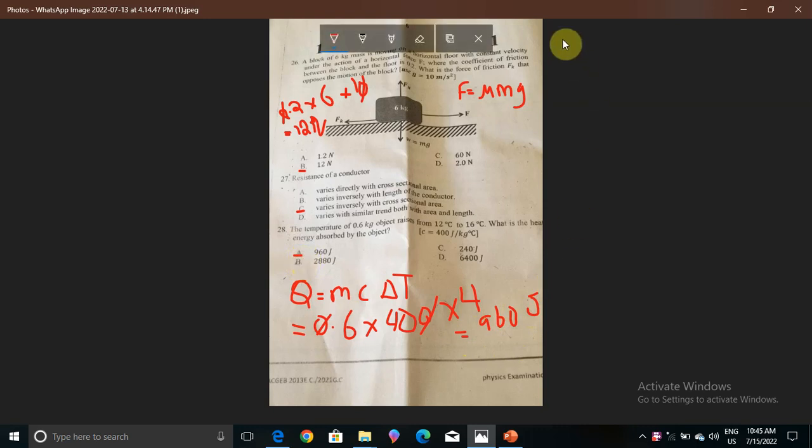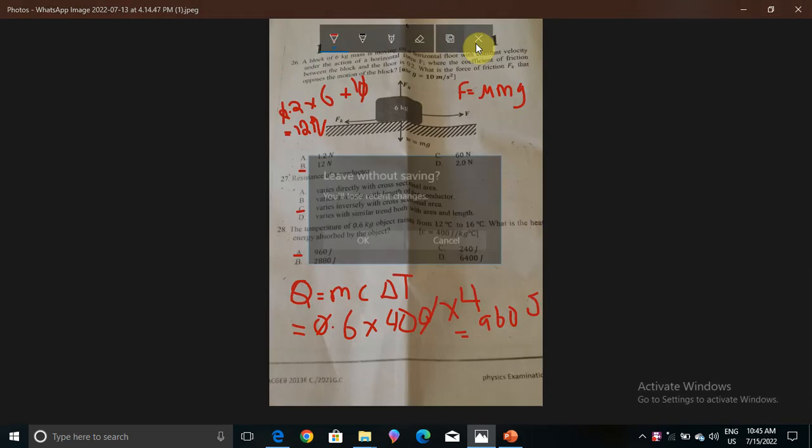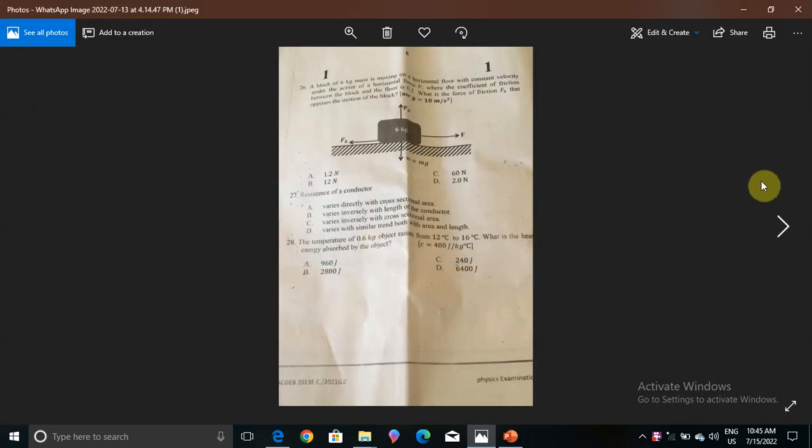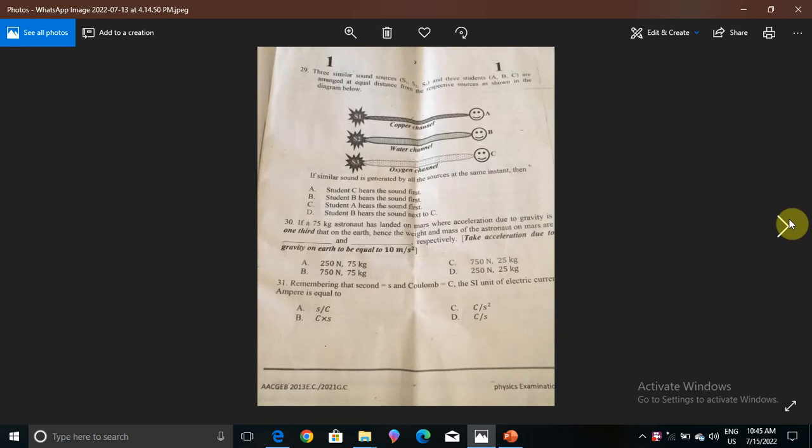Now let's go for question number 29. It says: three similar sound sources S1, S2, S3 and three students A, B, C are arranged at equal distance from their respective sources as shown in the diagram below.